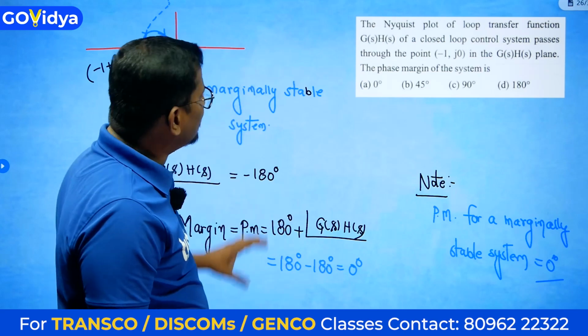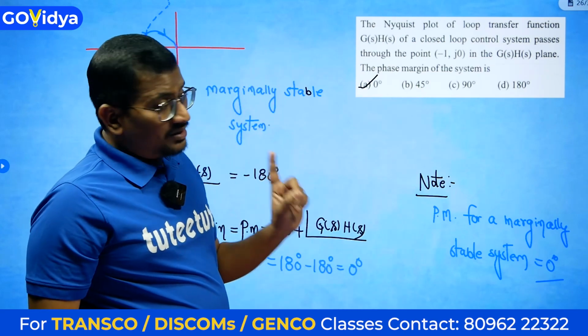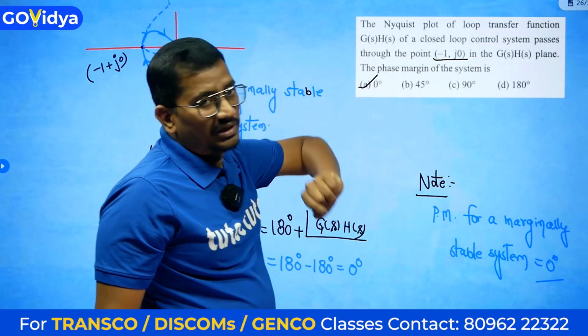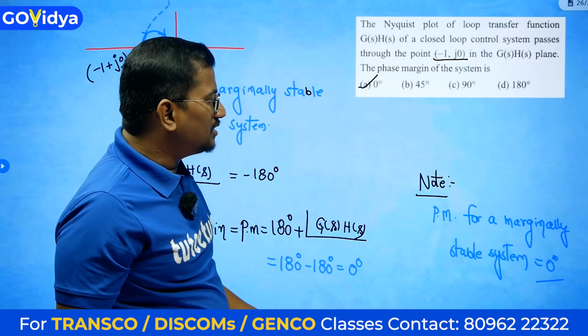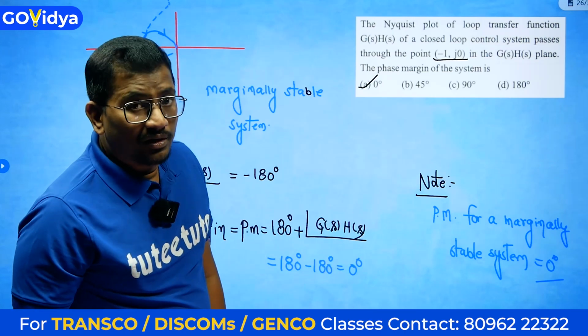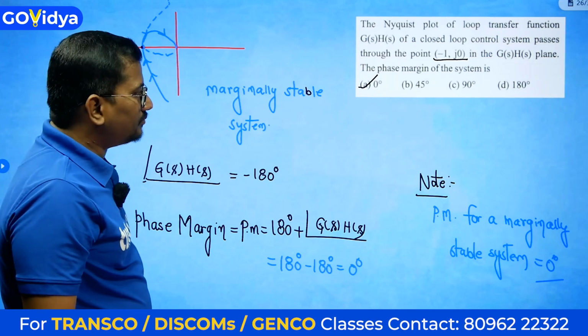So no need to do this much calculation, straight away we can put this. Marginally stable means it has to pass through this minus 1 plus j0. Then only we can say the system is marginally stable, and you can directly write phase margin is equal to 0 degrees for a marginally stable system. Okay, I hope it is clear.